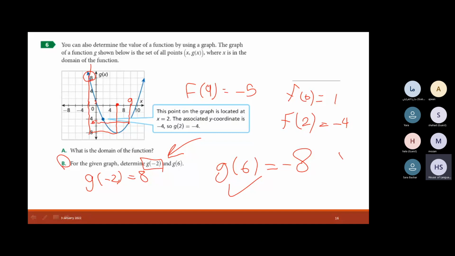Negative 7. Bravo. So f of, what did you say? f of 4. Negative 7. Try this, please, in order to understand these examples. Try them.